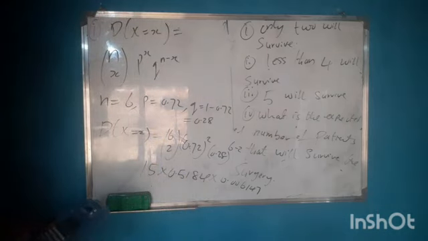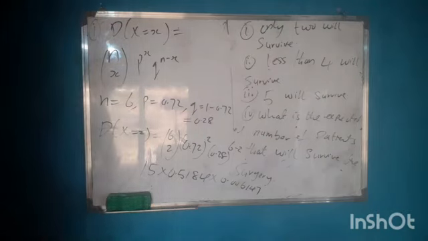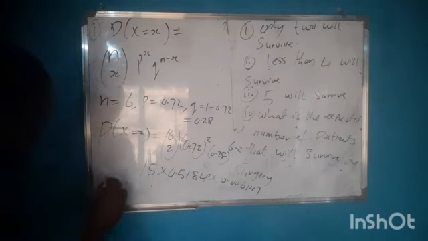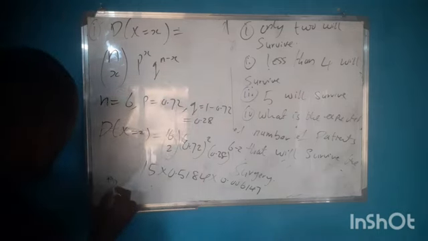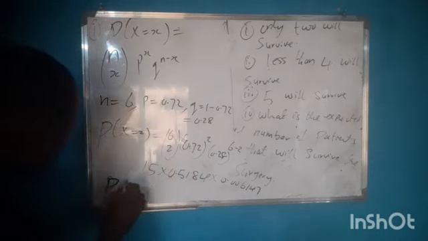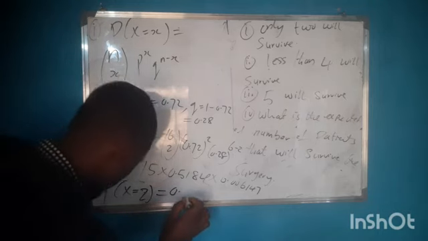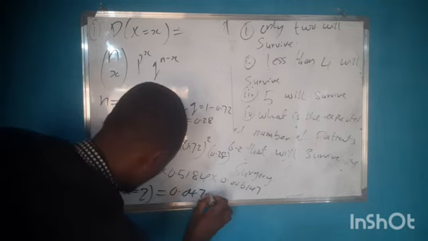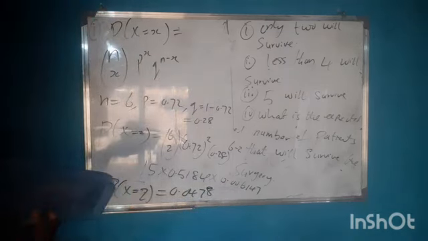So multiplying this, the probability that only 2 will survive is equal to 0.0478.